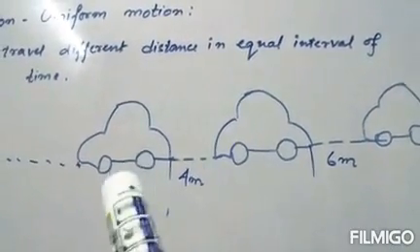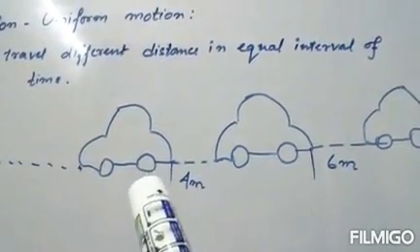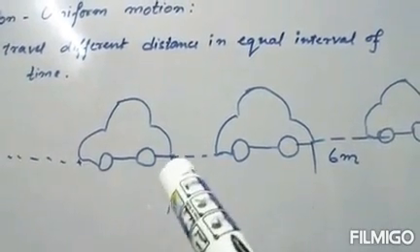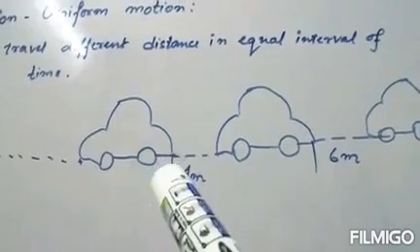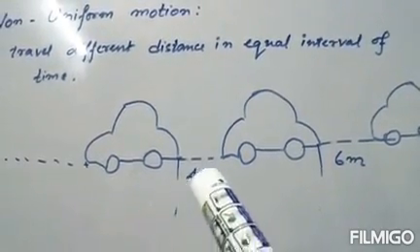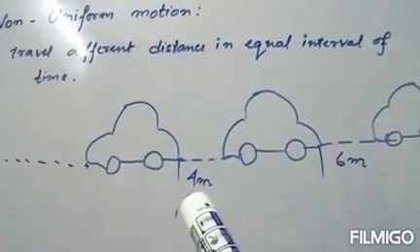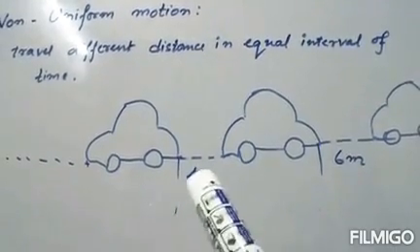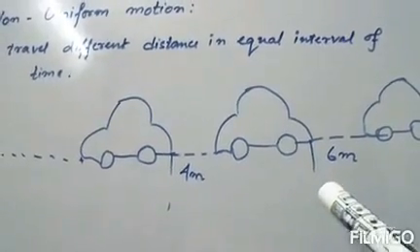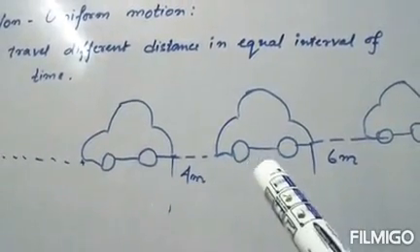That means first its speed was much less, so it covered only 4 meters. But in the next 1 second it covered 6 meters, which means it has increased its speed.